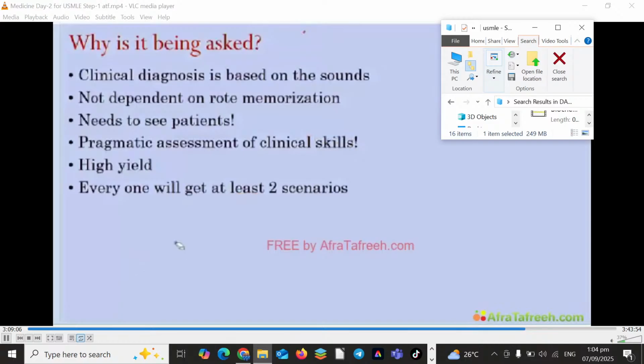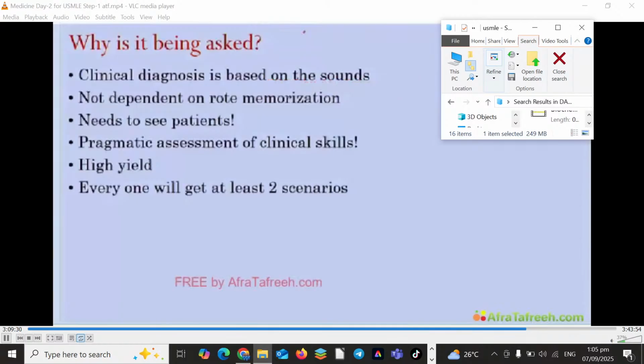So why bother? Why is it so important to remember heart sounds? Because for your steps, it is considered that this is a practical question. This cannot be memorized. Like you must be knowing people who are very skilled at memorizing things. But memory is not skill.